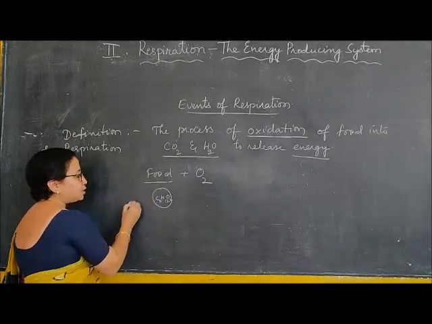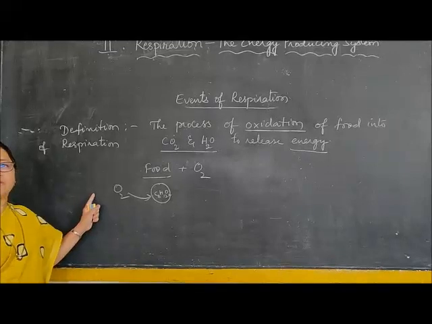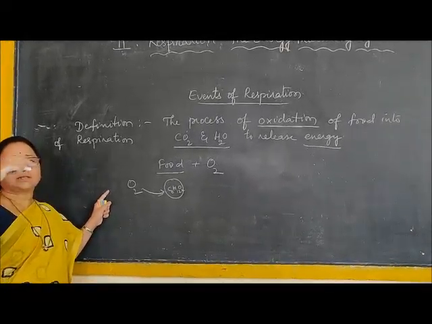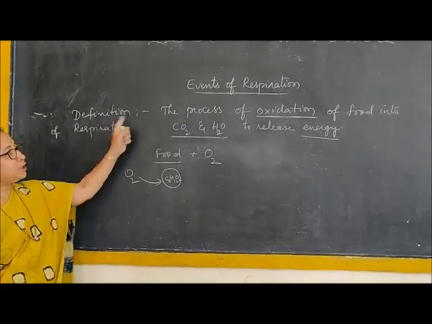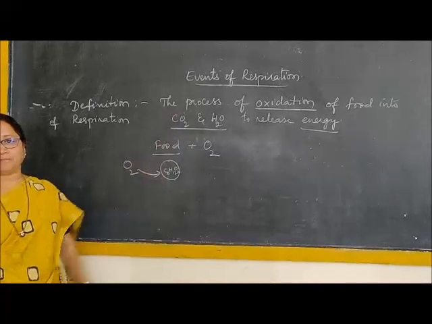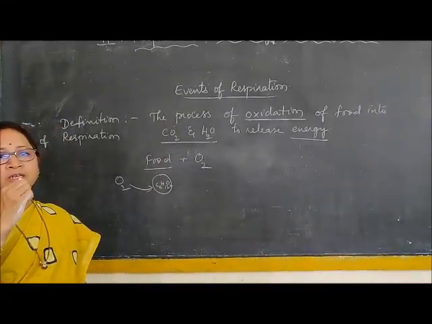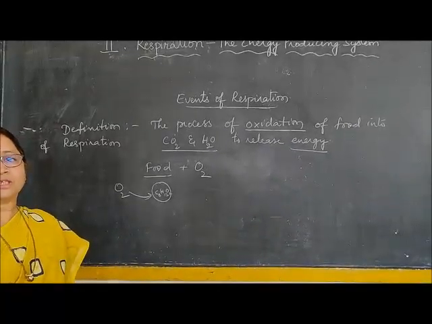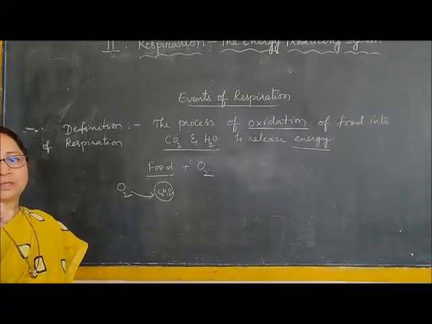Now oxygen should be supplied to the cell. Supplying this oxygen from the atmosphere to the cell involves several steps. These steps are nothing but the events of respiration. There are 5 steps involved from the entry of air into the body till the supply of oxygen to the cells.